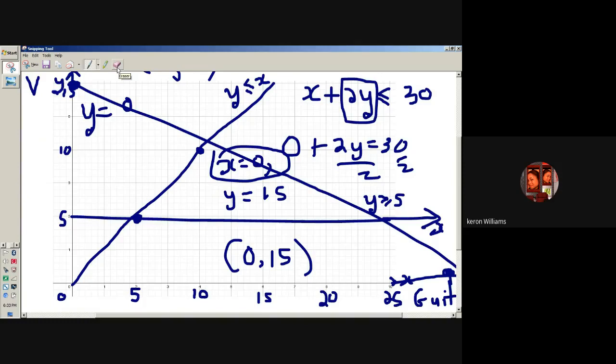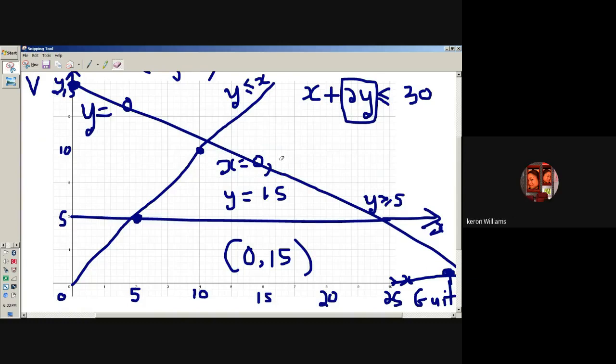The 30 would be a positive 30 on the x-axis, right? Right. And then you would have the 15 going up. But my dot is not over where your dot is on the 15 mark. Make sure the point is at 15, yeah?